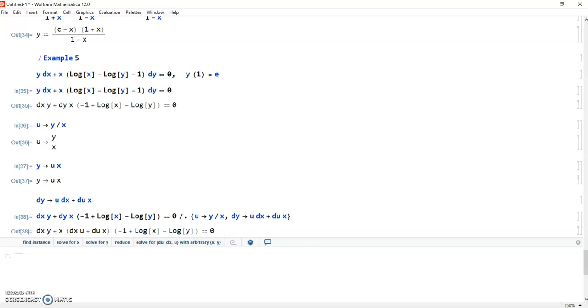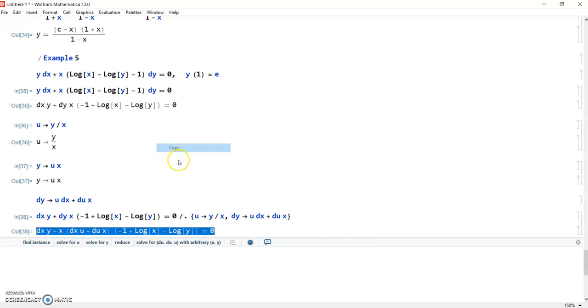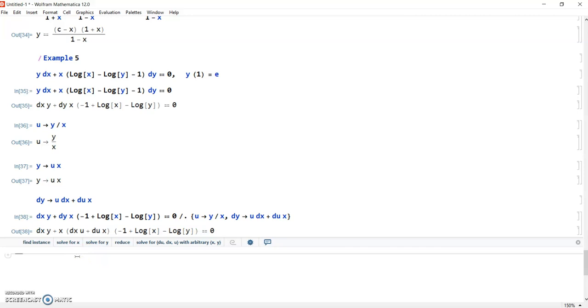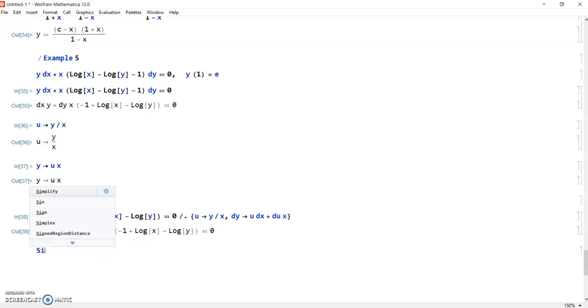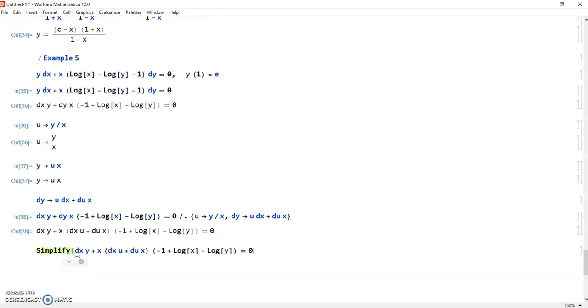Okay, so maybe we need to simplify it. You can take this command and then simplify it. Simplify, Control V. Here.